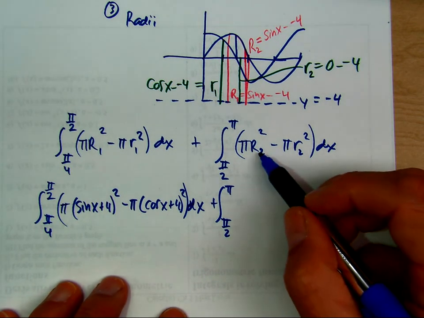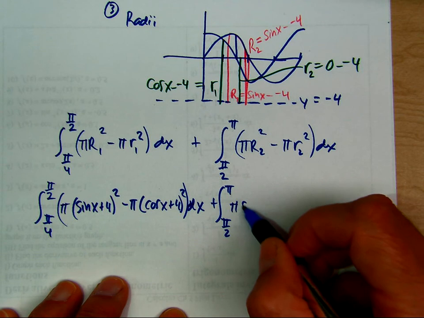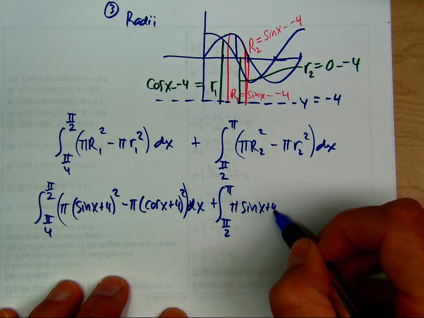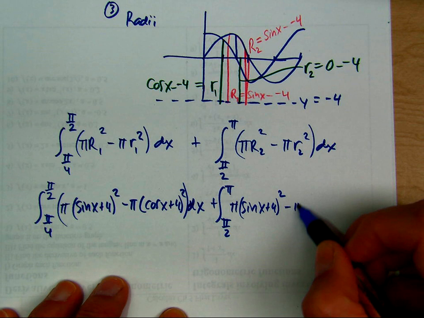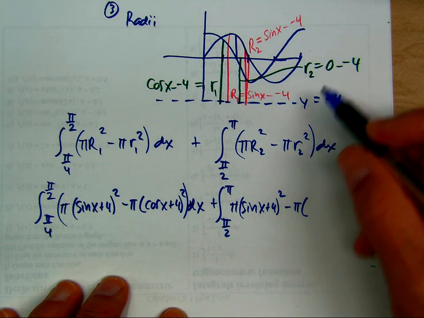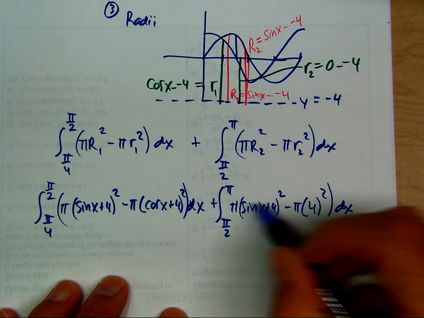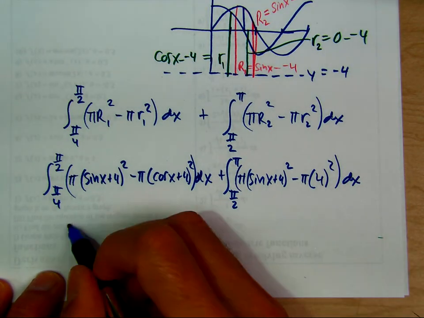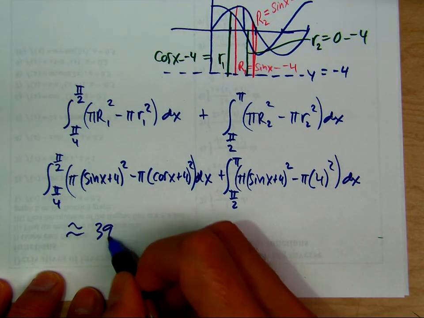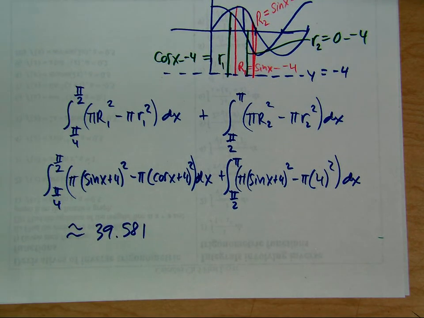And here we have big R2, and that's pi times sine x plus 4, squared. Little r2 is 4. And if we did all that on a calculator, hopefully we get that. Okay, we'll stop there.